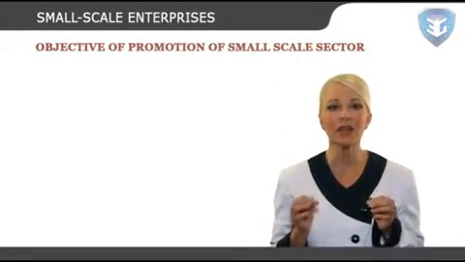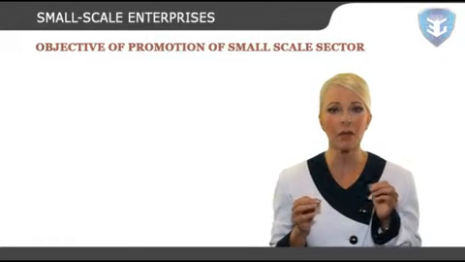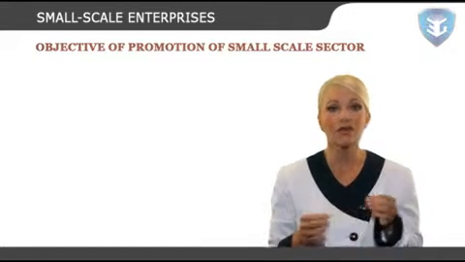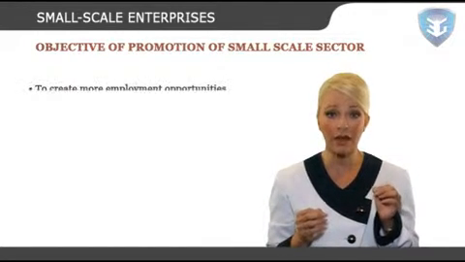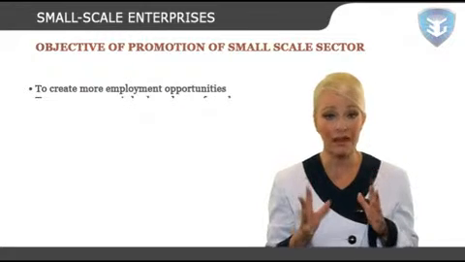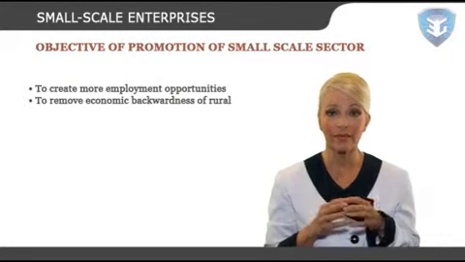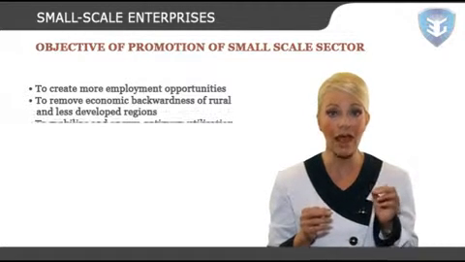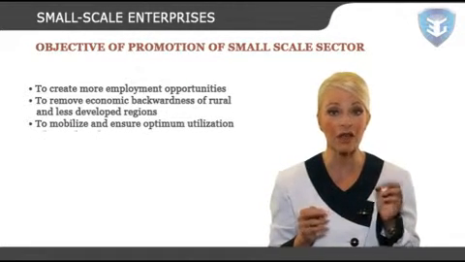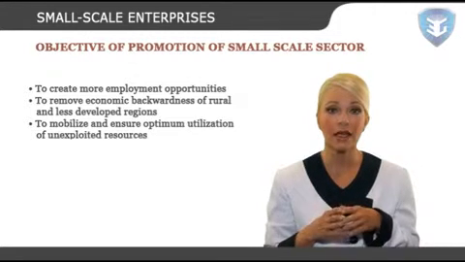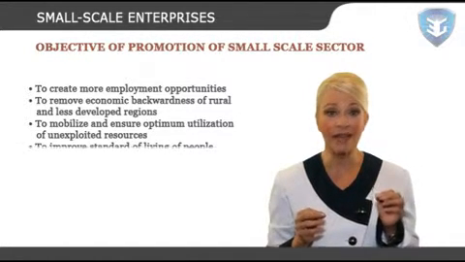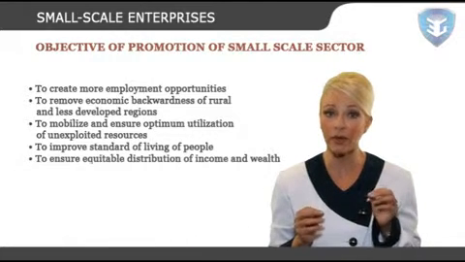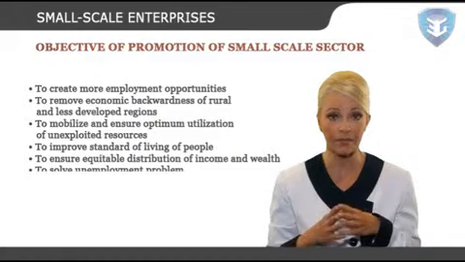Let's now take a look at the objectives of promotion of small-scale sector. To create more employment opportunities with less investment. To remove economic backwardness of rural and less developed regions of the economy. To mobilize and ensure optimum utilization of unexploited resources of the country.